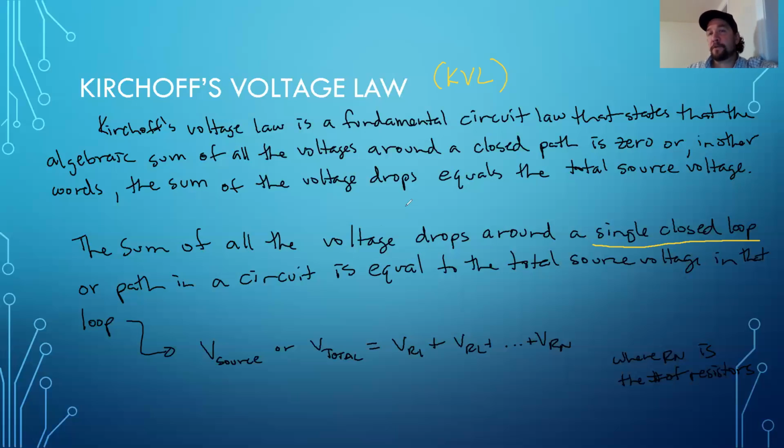This idea, the KVL equation, can be done in any kind of circuit. It is always true if you pick a single closed loop. So it doesn't matter how complex the circuit is, if you've labeled it and you keep your directions, your plus minuses all straight in a logical way, then we can write this KVL loops all over the place, and they work.